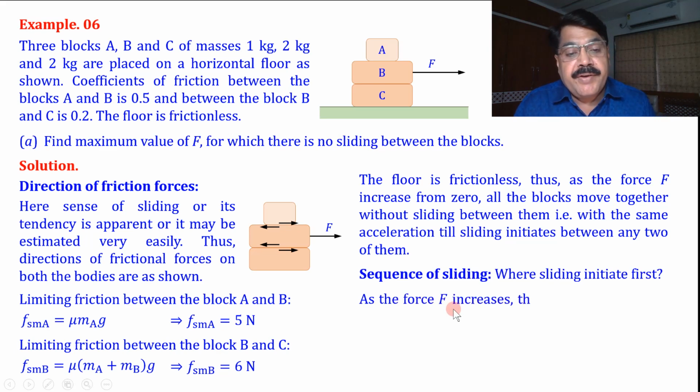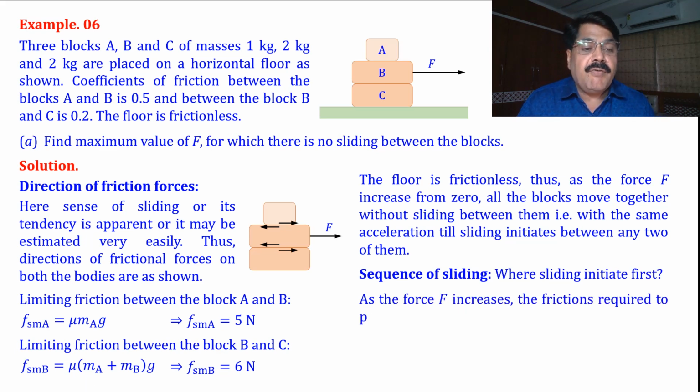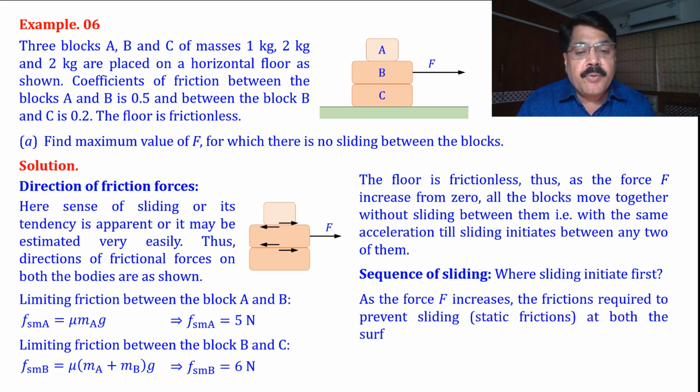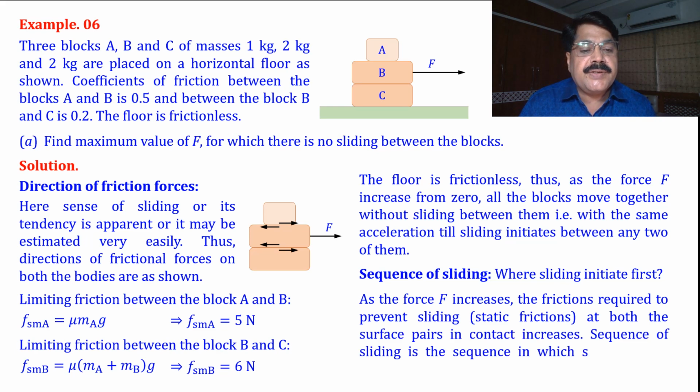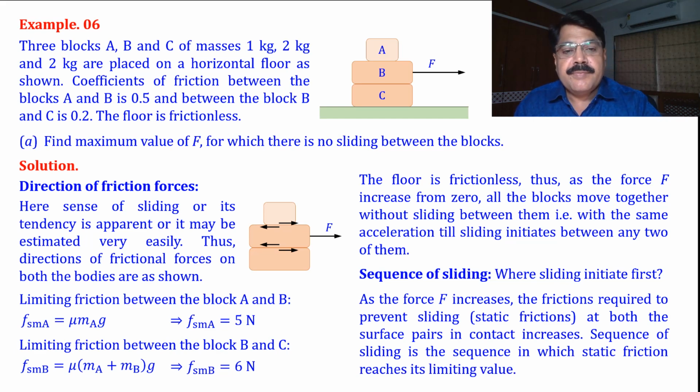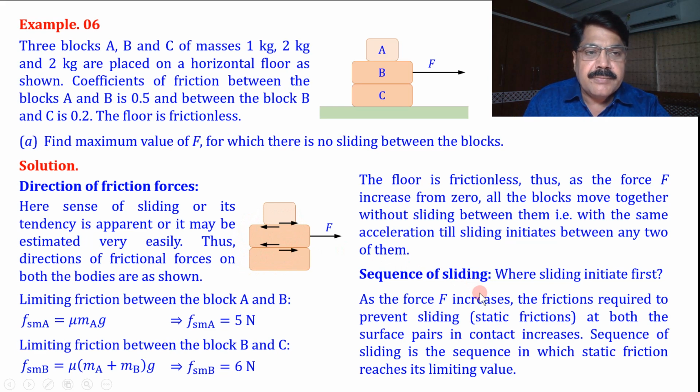As force F increases, the friction required to prevent sliding, static friction basically, at both the surfaces in contact increases. The sequence of sliding is the sequence in which static friction reaches its limiting value. So now we calculate, assuming the same acceleration, the friction required to prevent sliding at both the surfaces. At which surface will the required friction reach the limiting value first? There will be sliding there first.